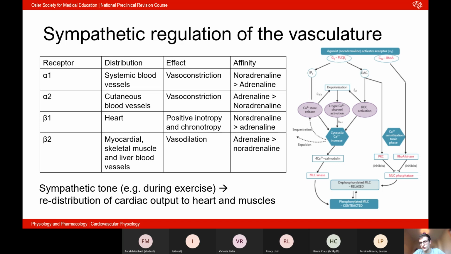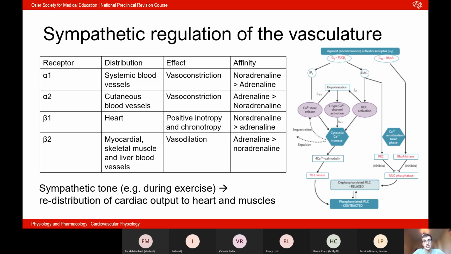You also get some alpha-2 in the skin, but that's less important. Beta-1 is that really important receptor mediating sympathetic effects on the heart. And then beta-2 is found in some specialist locations: the myocardium, the heart muscle, skeletal muscle, and also the liver. And that actually does the inverse effect.